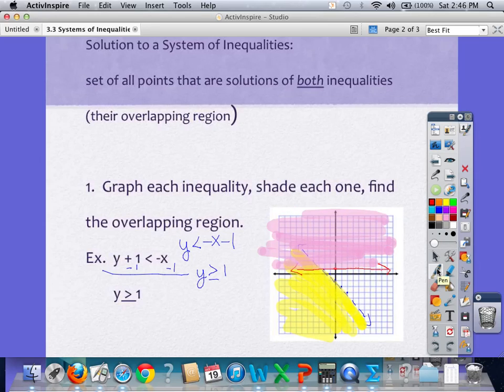As you can see, if I extend my blue line up this way, and the red line a little more this way, right here is where the two lines have overlapping regions. This is all underneath this line.